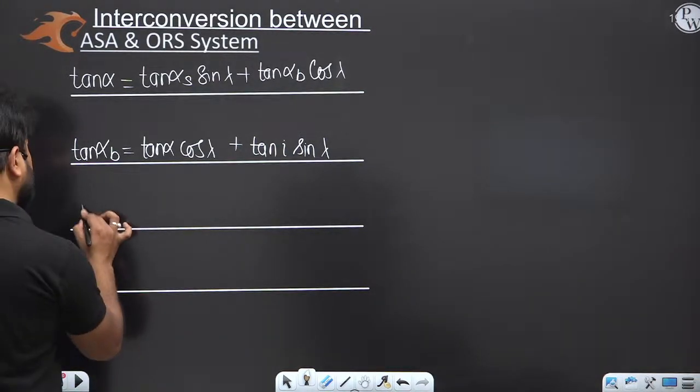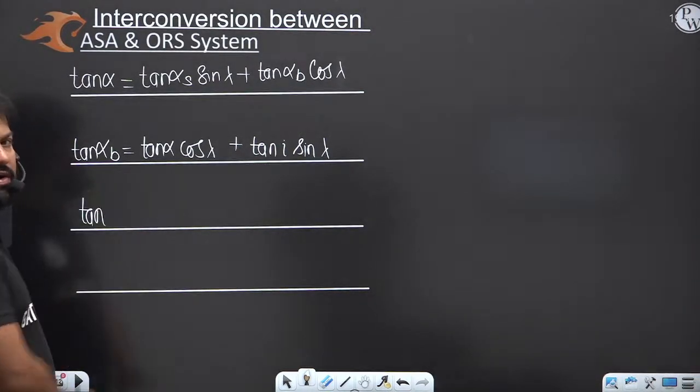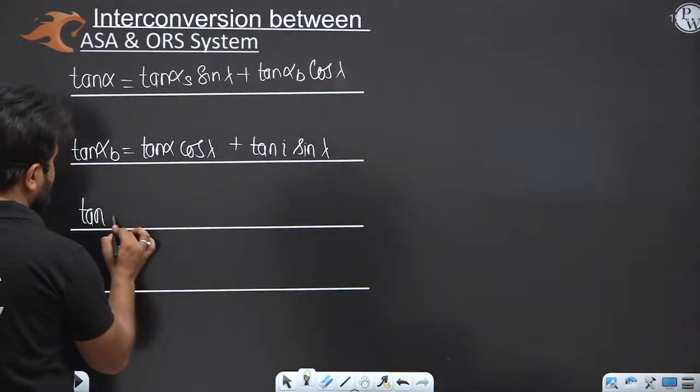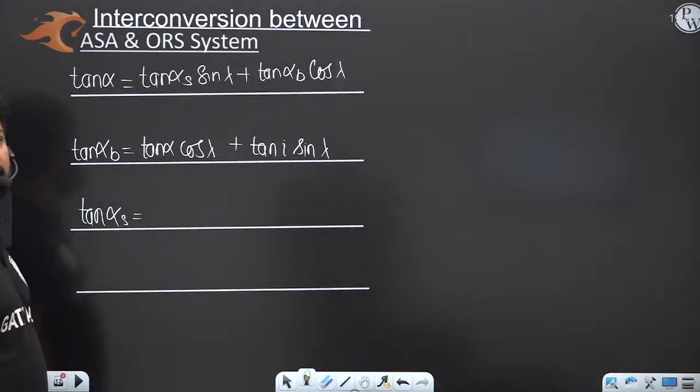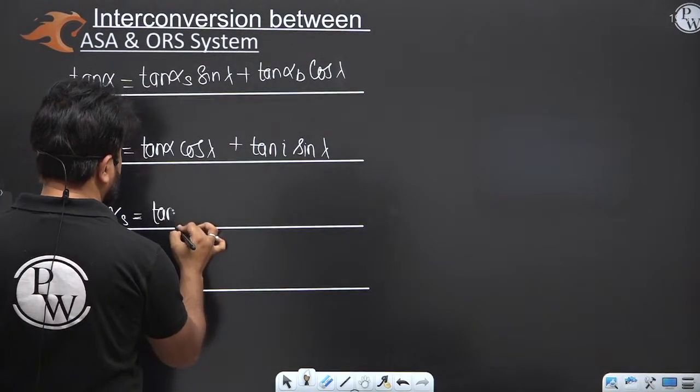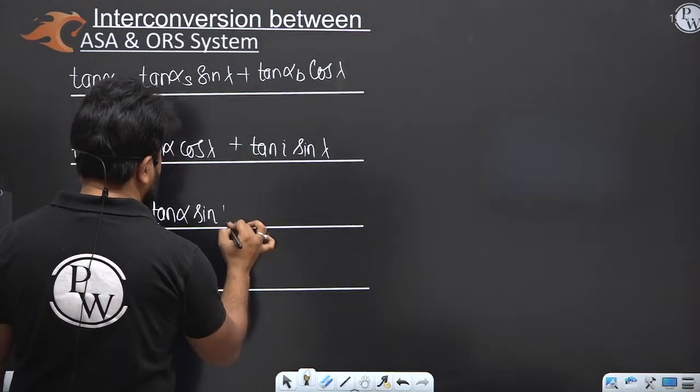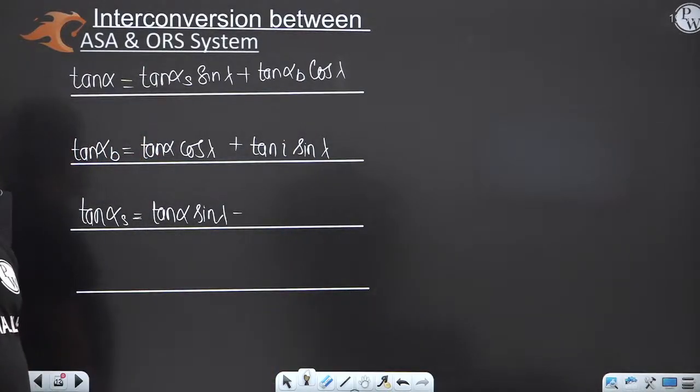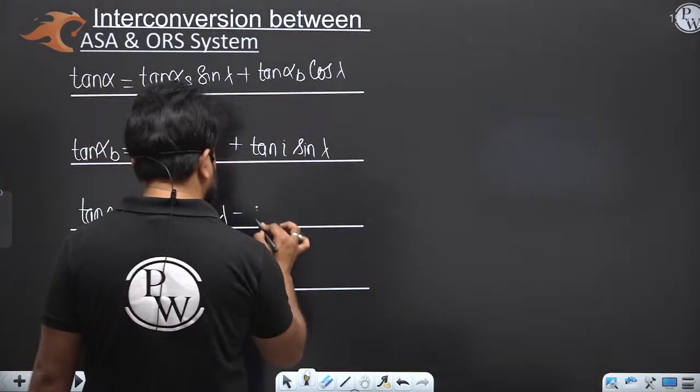Next formula is tan of side rake angle equals tan alpha sin lambda minus tan I cos lambda.